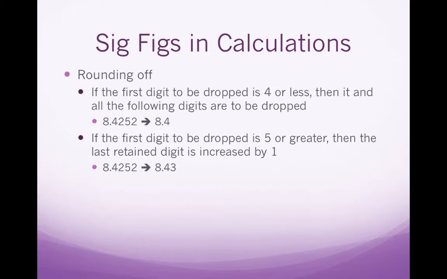And then if the first number to be dropped is 5 or greater, then the last retained digit is increased by 1. So here I have 8.4252. So I want 3 digits. So I have the 8.42, but the first number to be dropped is 5. So I have to increase that 2 by 1. So I get 8.43.